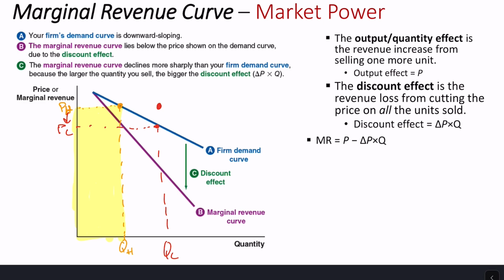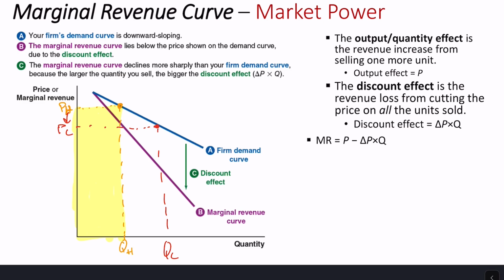There's no point on the demand curve out here with that PH combination and that QL. Can't get out there. There's not enough people that want to buy this product at a price of PH to get us out to that quantity low. So they have to lower the price, moving down that firm demand curve to get their quantity out.